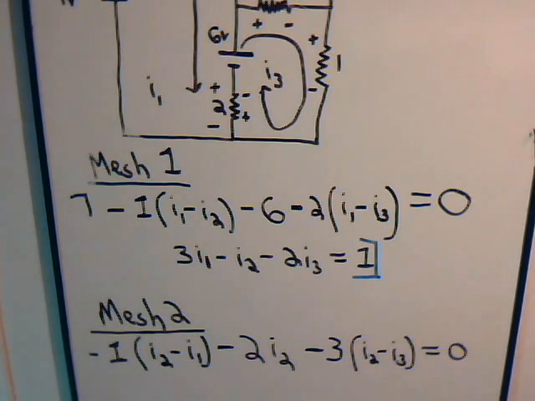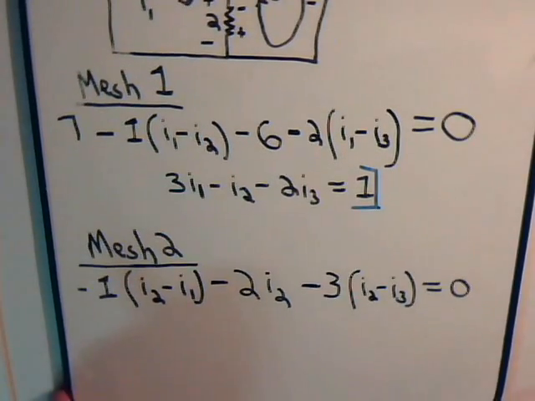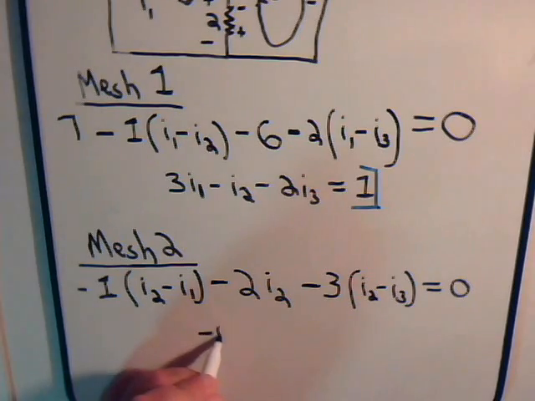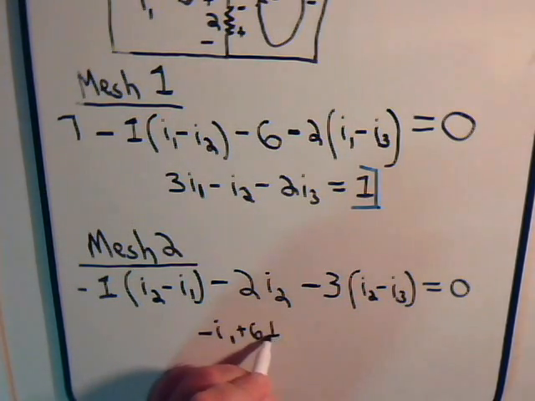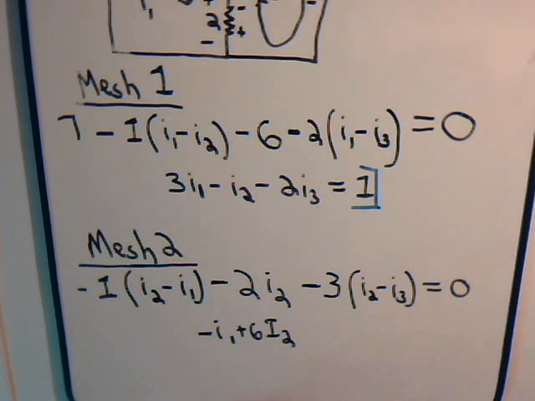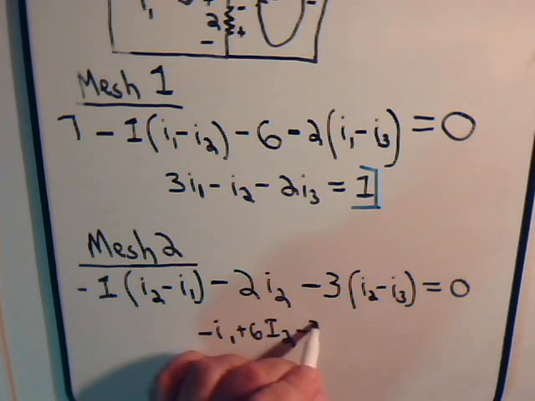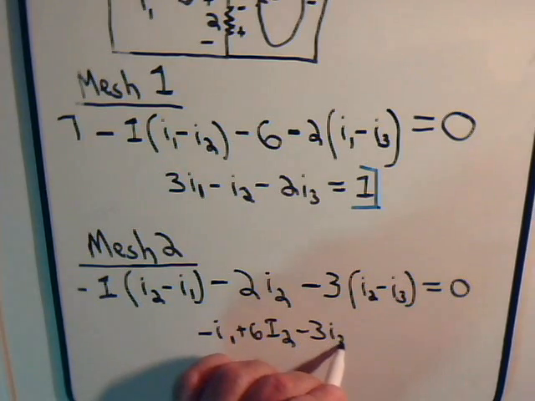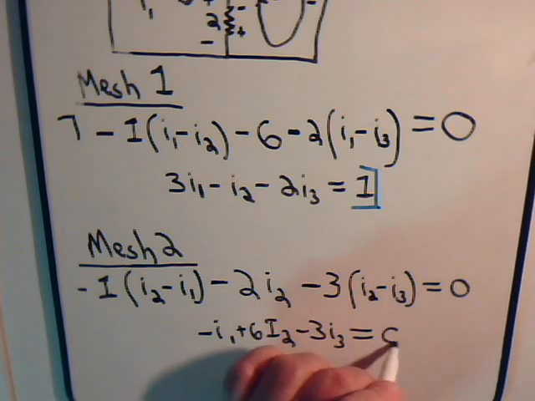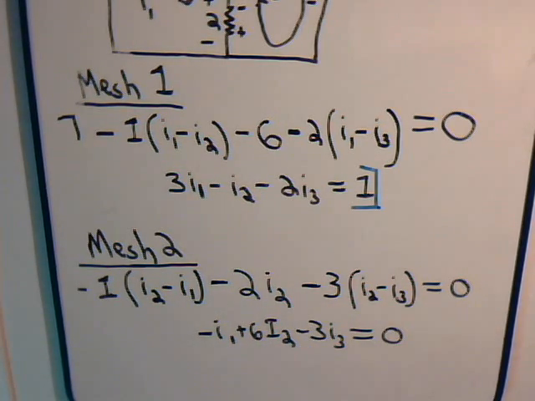Now, if you just go ahead and do some simple algebra and collect the terms, what you get from this equation is minus I1 plus 6 times I2 minus 3 times I3 equals 0. So that's our second mesh equation.